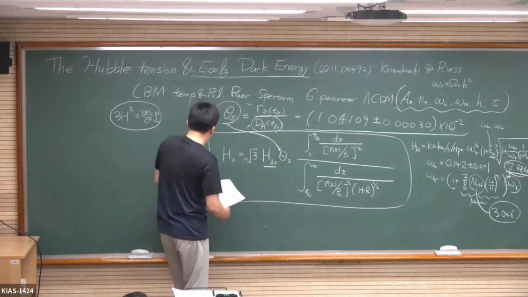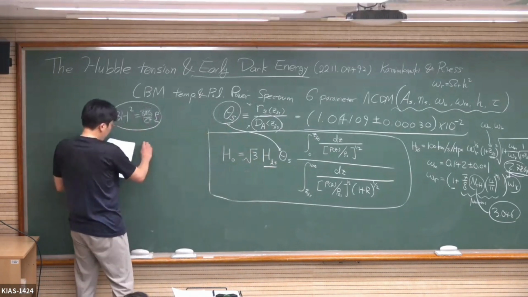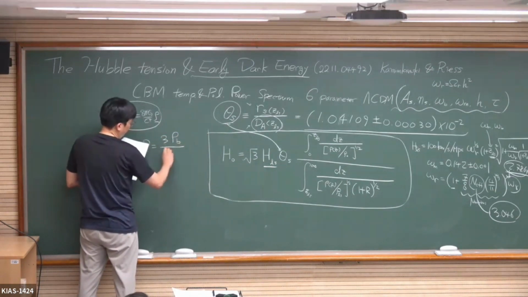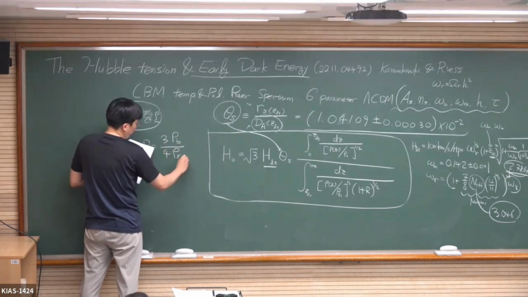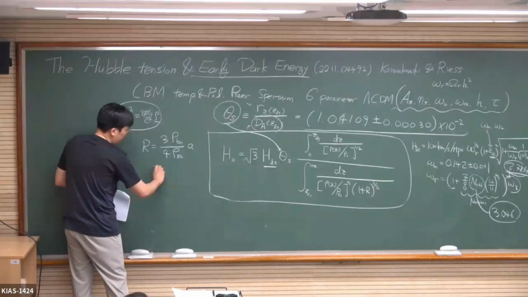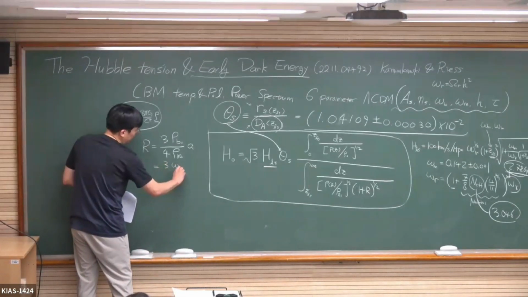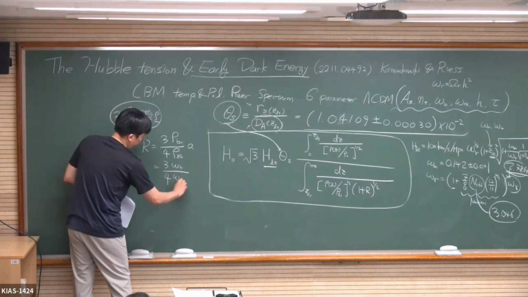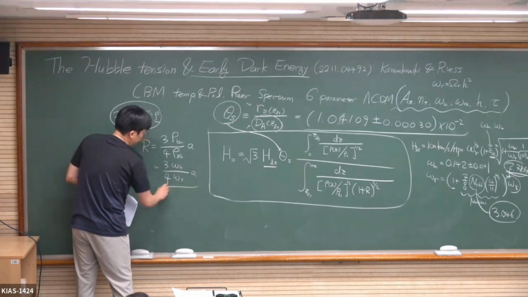Oh, R. I didn't write R. R was 3 rho_B over 4 rho_gamma, 0 times a. So that is 3 times omega_B over 4 times omega_gamma times a.